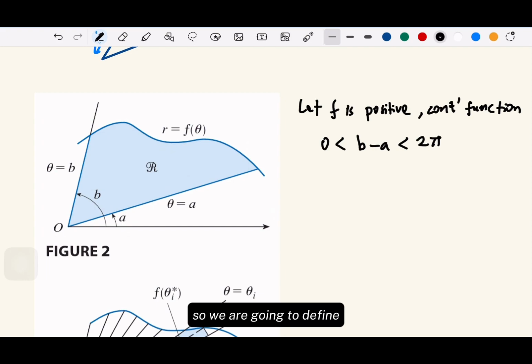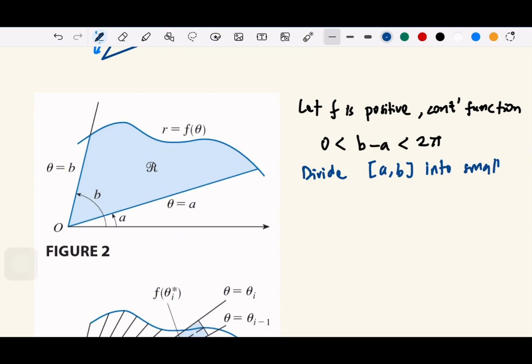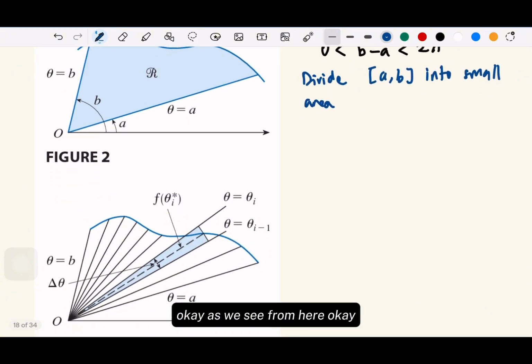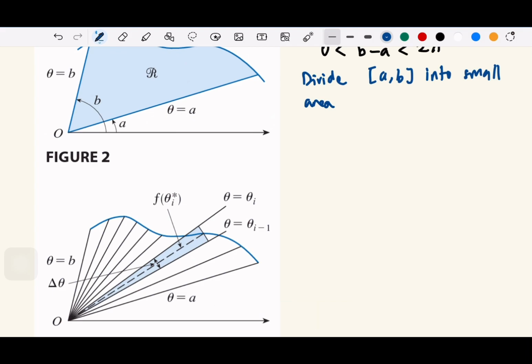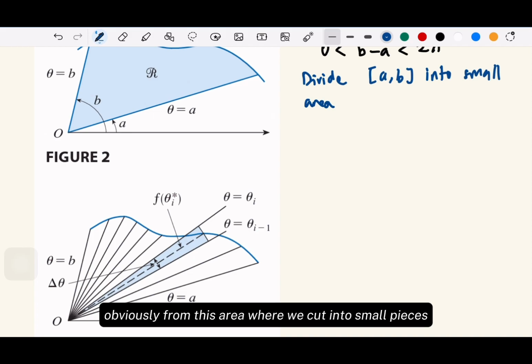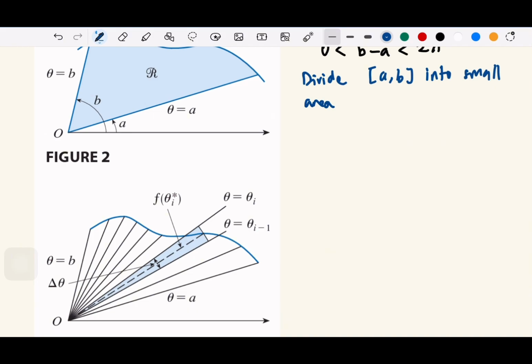So we are going to divide the interval from a to b into small areas, as we see from here. So the small sectors.